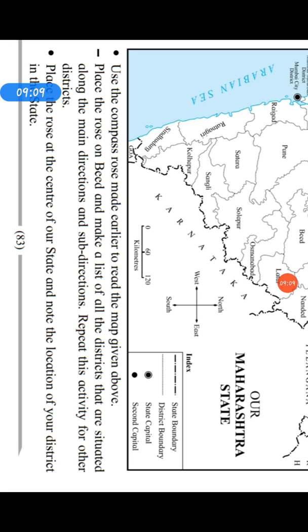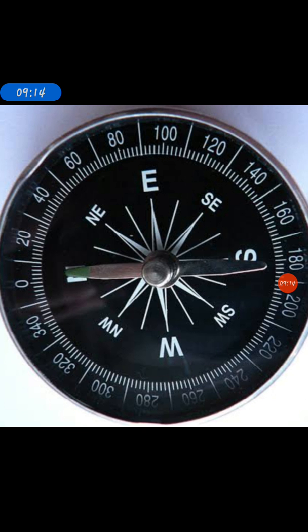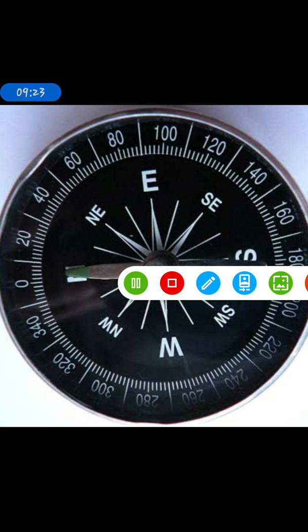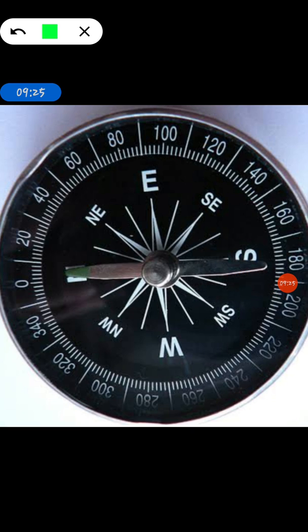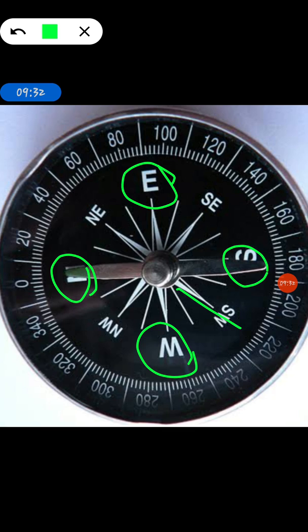I'll show you how it looks. See, this is the instrument we call a compass rose. This is south, north, east, west, southeast, southwest, northeast and northwest. We use this to determine the directions.